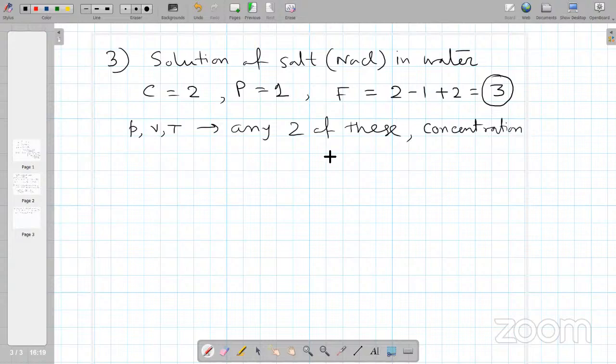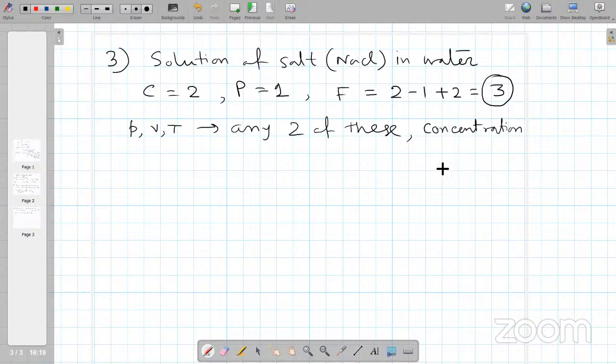Now, if we know any two of pressure, volume, temperature, and we know the concentration of the salt, in principle we can compute all other thermodynamic parameters, including free energies and entropy and everything from these parameters. So we need three independent degrees of freedom.